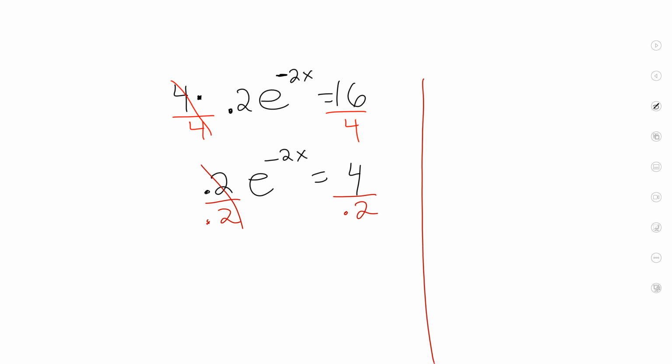What I really wanted to write, guys, was 4 plus 0.2 e to the negative 2x equals 16. We're still solving it correctly, but you would have subtracted 4 first, right? If it was written like this, then it would be 0.2 e to the negative 2x equals 16 minus 4 is 12. And then here we would have divided by 0.2.